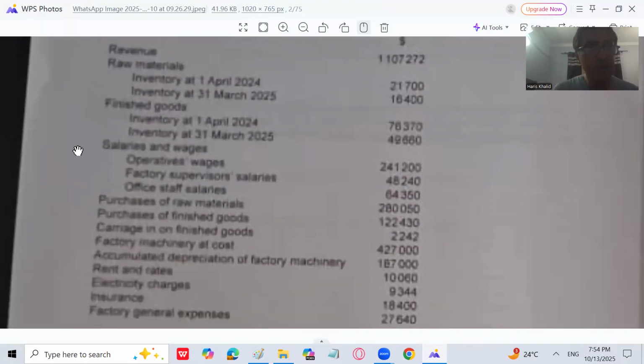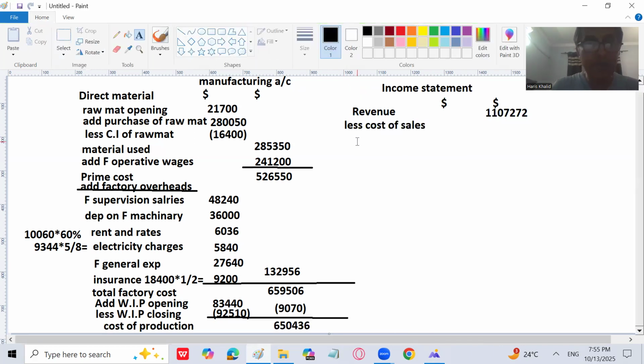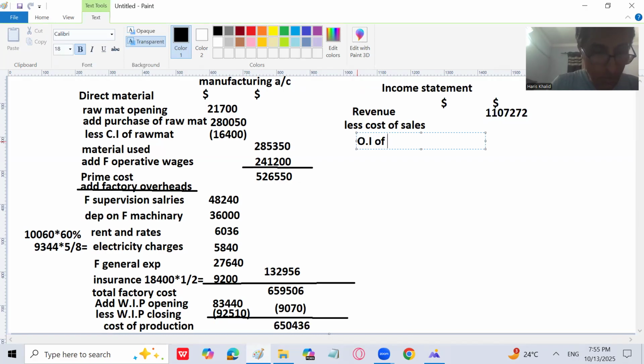So revenue is given. That is 110,7272. Let me write 110,7272. Now I'm going to subtract less cost of sales from the revenue. I will start with opening inventory of finished goods. You have to write the full version, right?